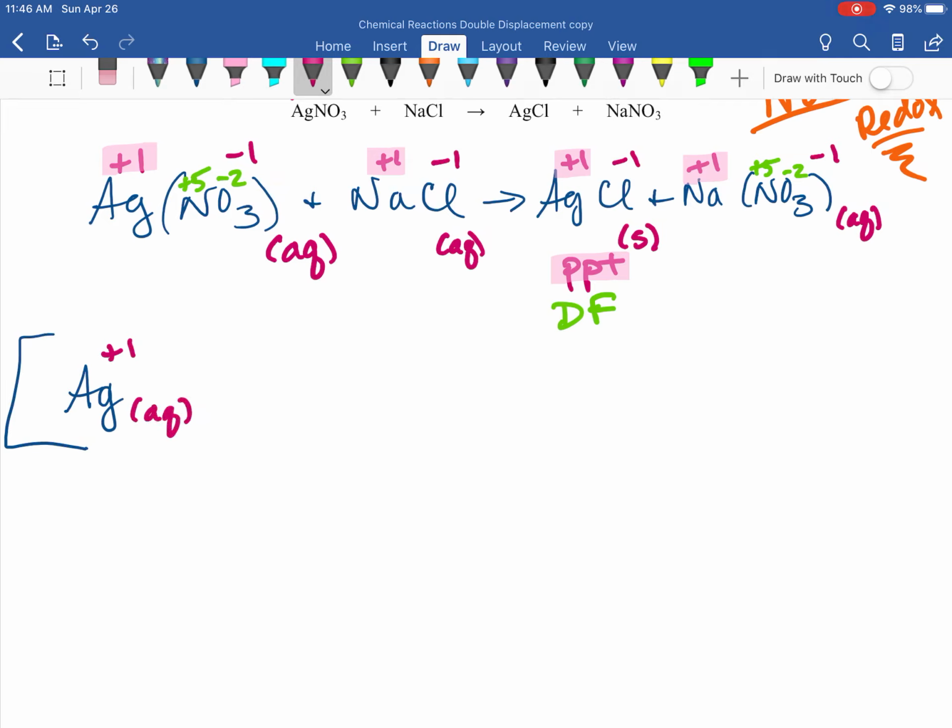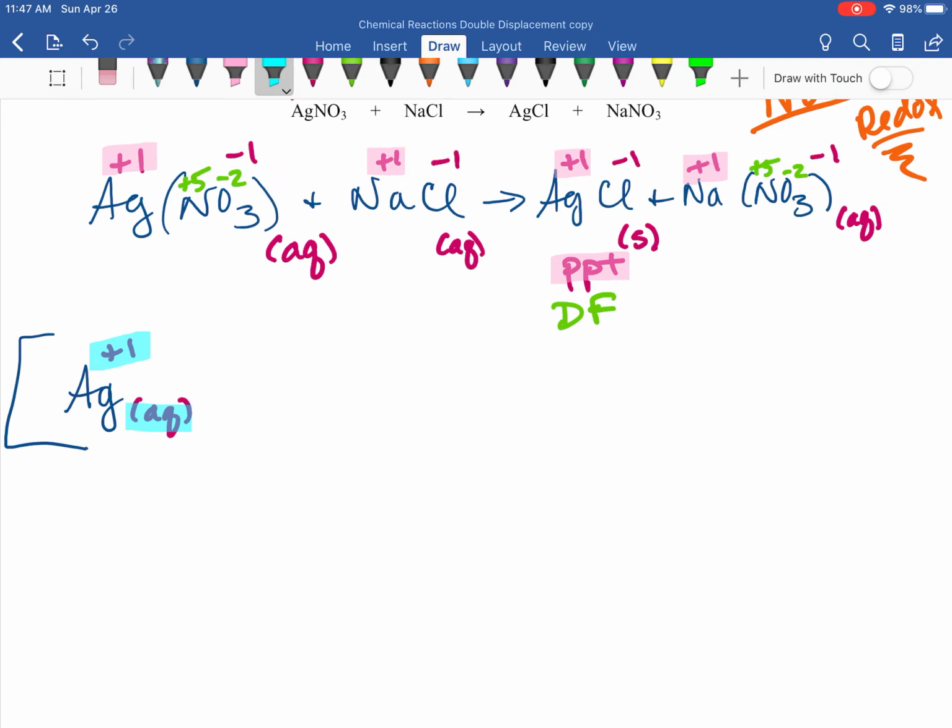All right, so let me show you what that looks like. What does that mean? That means that if I take silver nitrate and I put it in water, silver as an ion is now free floating. It is no longer bonded to nitrate, and it is floating around in water. Now, this is not elemental silver. This is silver that has already lost its electron.